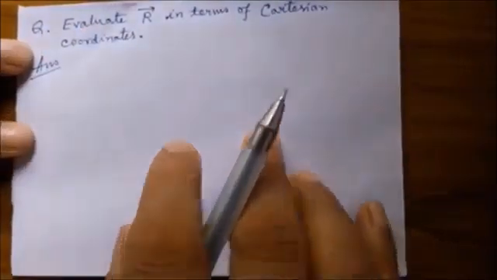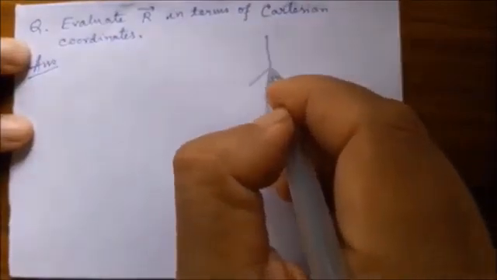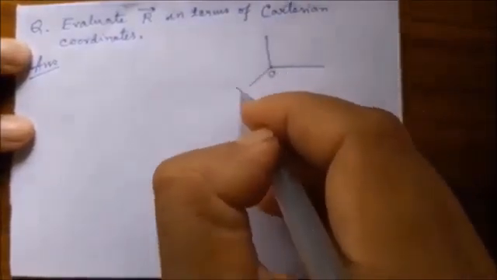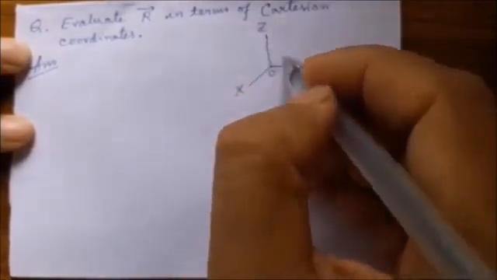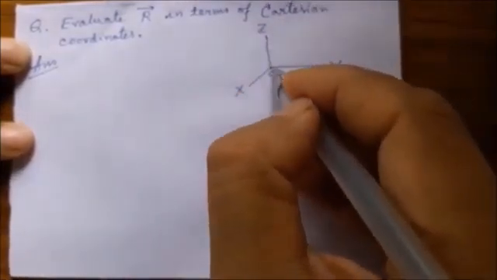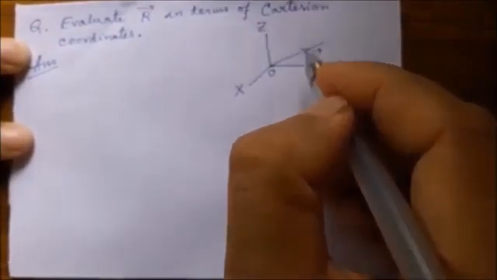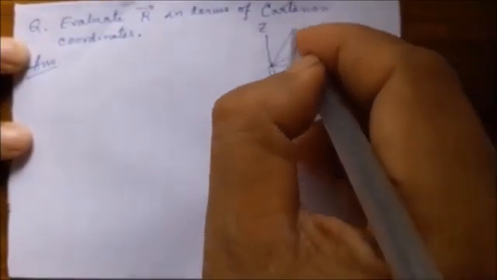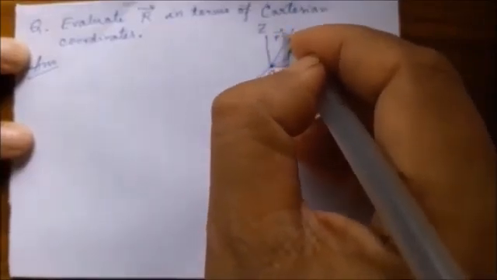Let us first define what we mean by vector R. This is the origin, these are the coordinate axes x, y, z. Let this be vector R, and let us consider another point, the coordinate of which is vector R prime.